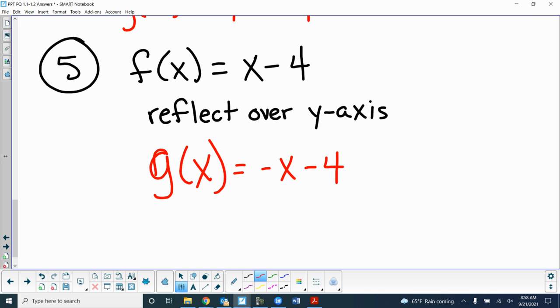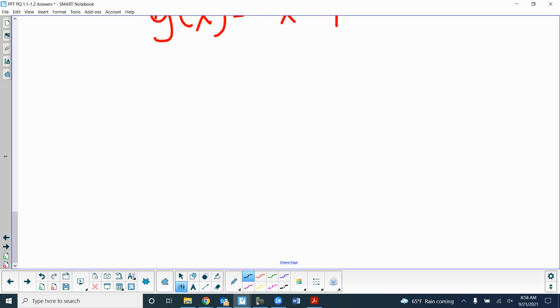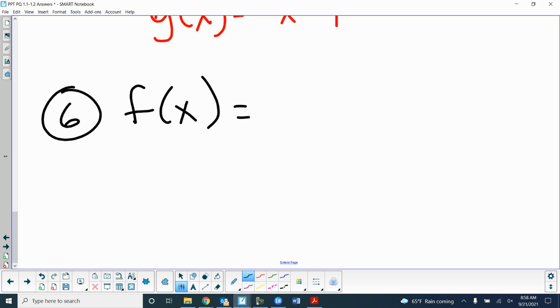All right, number 6 is another linear one. Just have x to the first power. Okay, we're supposed to do a horizontal stretch by 3.